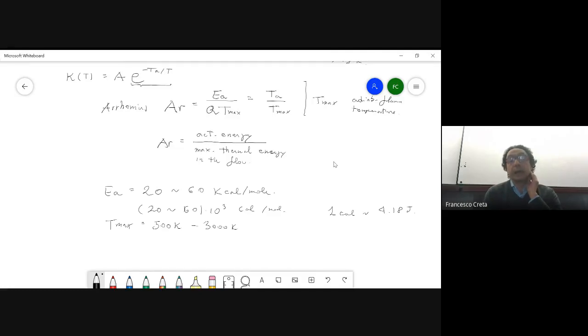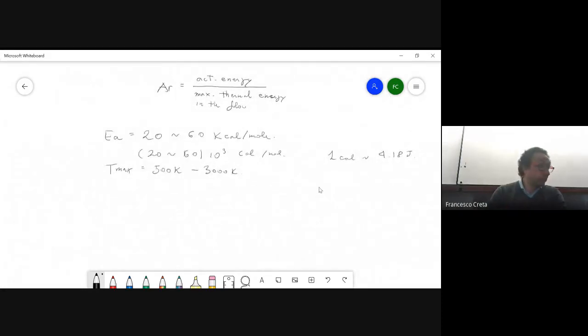Not more than that. So with these ranges, we can actually estimate what the minimum and maximum Arrhenius number is. Well, we have to remember that R is 8.314 joule per Kelvin per mole.